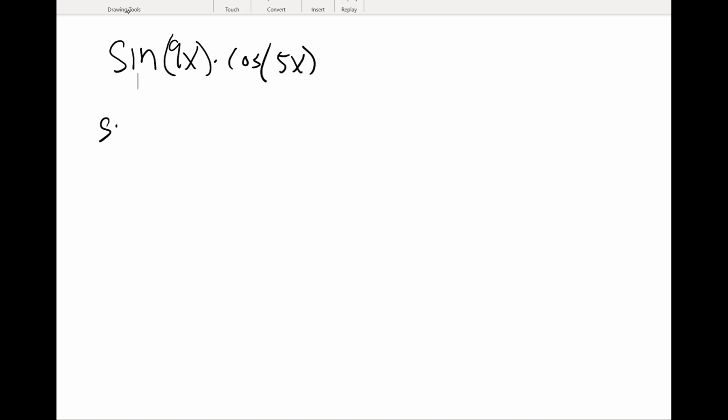Sine of x times cosine of y equals 1/2 sine of x plus y plus sine of x minus y.